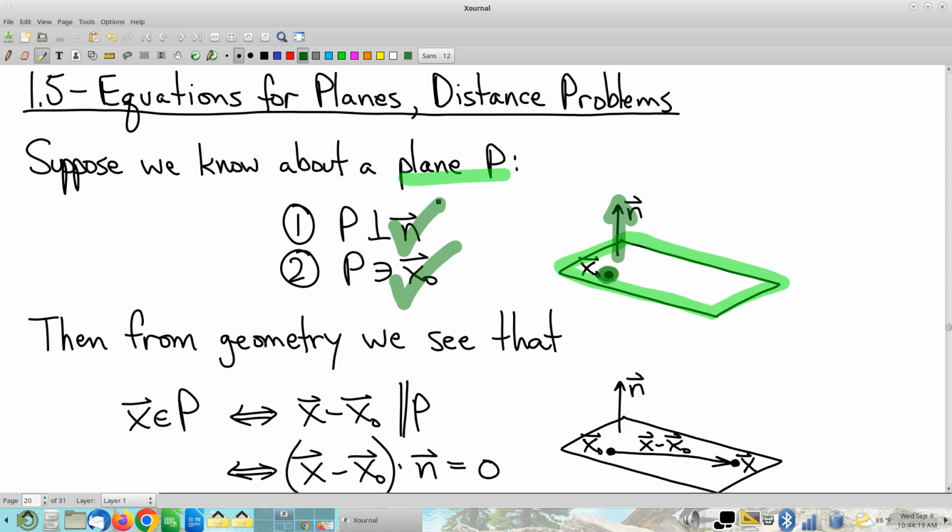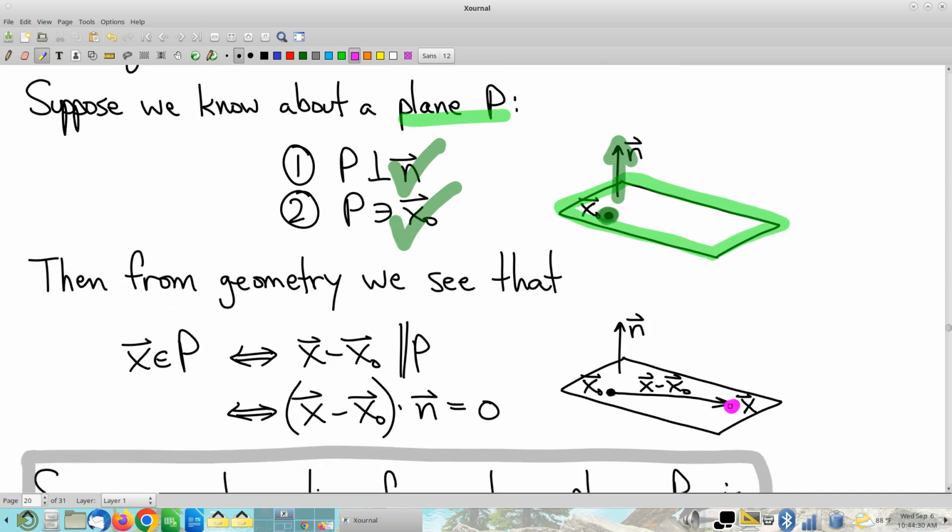Now let me remind you what an equation is. An equation is a point tester. So if I've got some point x and I want to decide if that point is or is not in this plane, how would I identify that? The big idea is that if it is, then this difference, x minus x naught, if you think about it, we know x naught's in the plane.